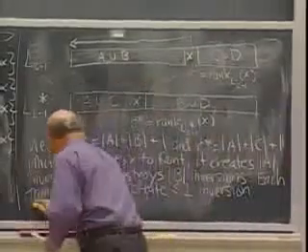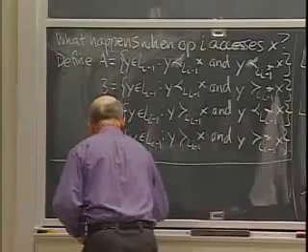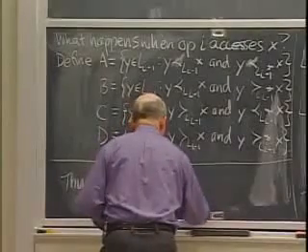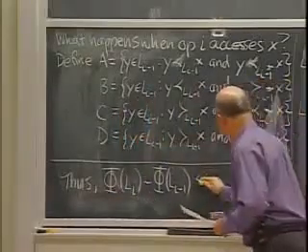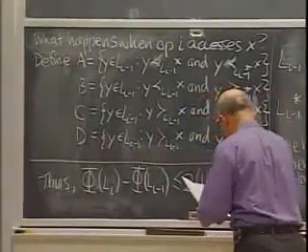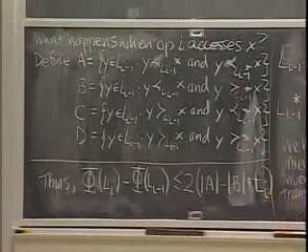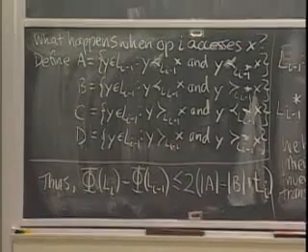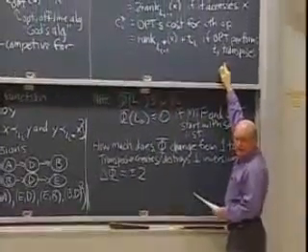Let me write it over here. Thus, the change in potential is going to be at most twice A minus B plus t_i. Remember, t_i was the number of transposes that OPT does on the ith step, for the ith operation.